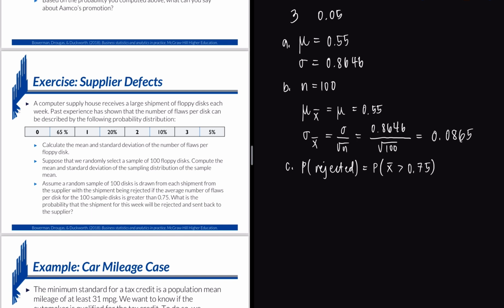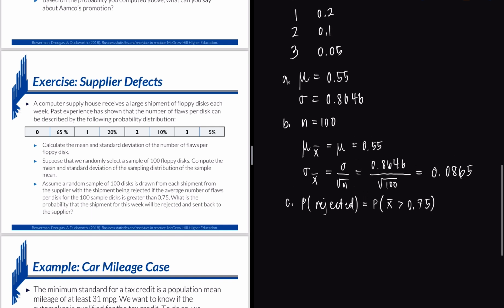Okay? Now again, before we convert this to Z, we ask ourselves first if X bar is indeed appropriate to be converted to Z, and that is only possible if X bars are normally distributed. So in this case, we don't know the distribution of the number of flaws per disc.